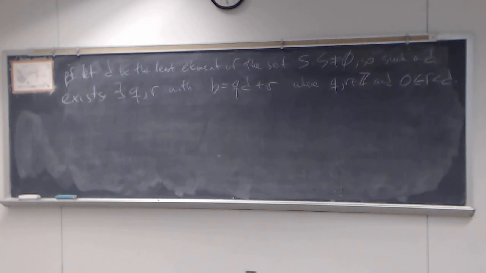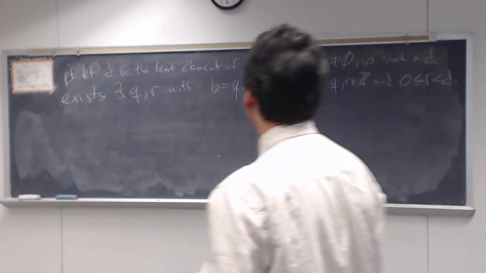Then B is just Q times D plus 0. Simply, B is a multiple of D.